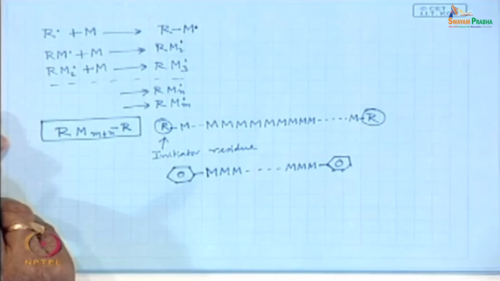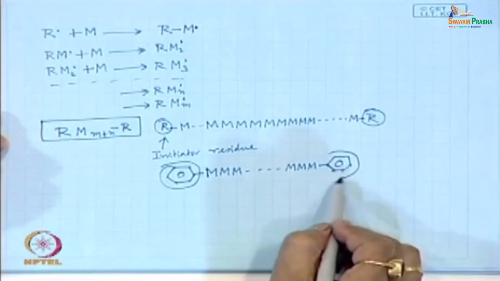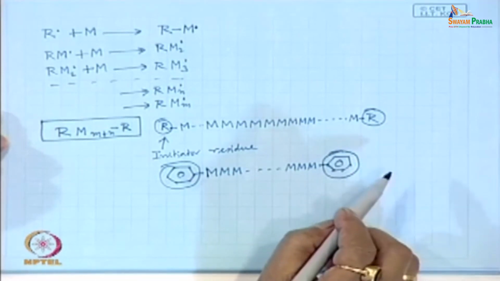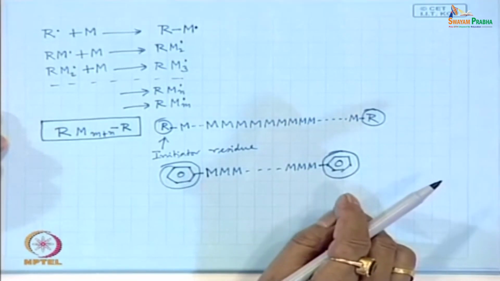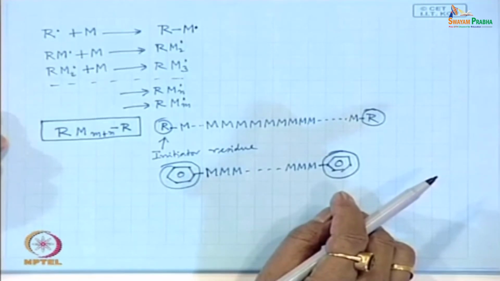But if it is done by photochemical initiation, this initiator residue will not be there. Of course, this can be in one way advantageous in order to study the course of polymerization.